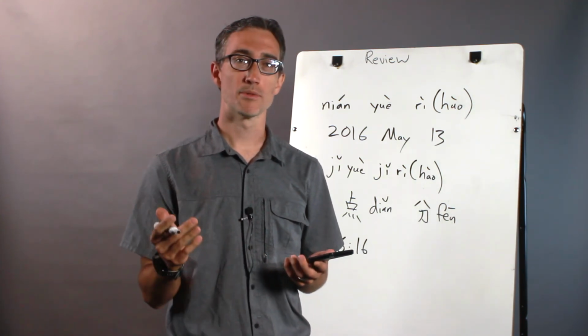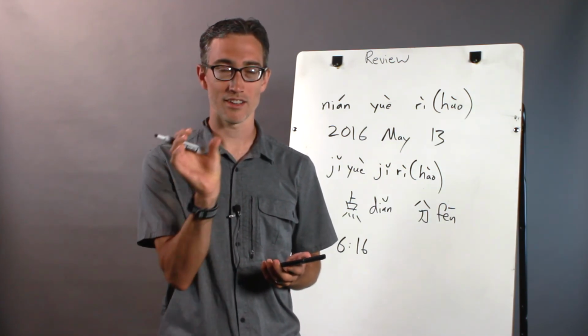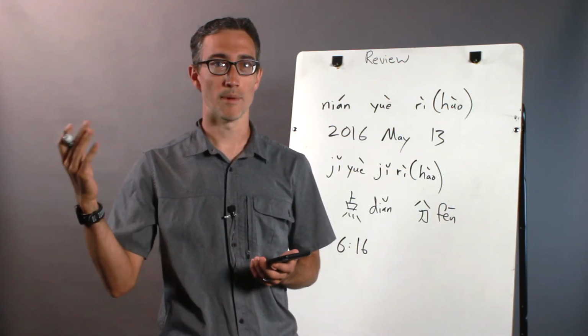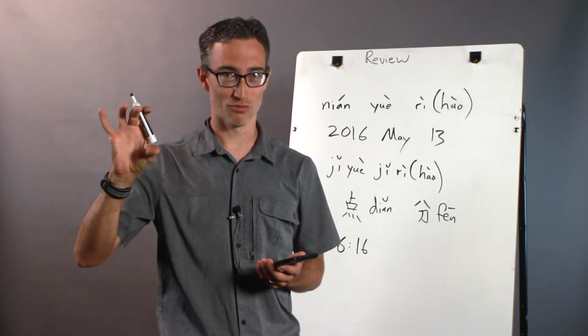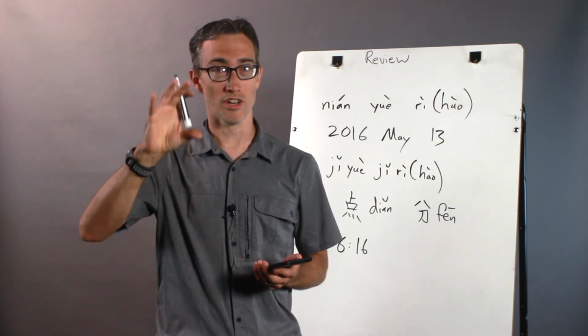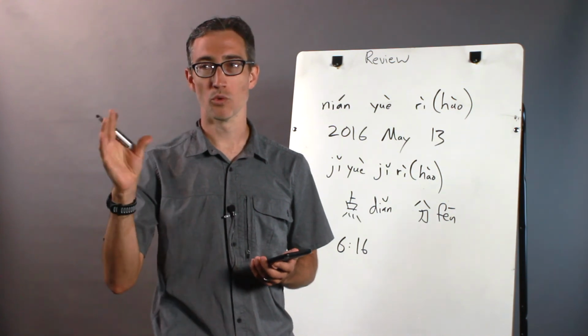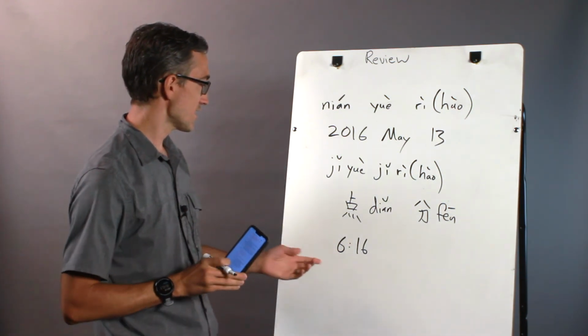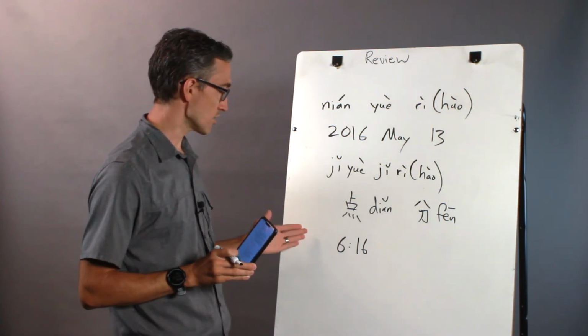And so you can just simply add words before the o'clock phrase to talk about what part of the day. Is it morning? Morning actually has an early morning and late morning. Noon, around noon, afternoon, evening, and so forth. So you just put the word, let's say it's 6:16 in the evening. 晚上 means evening, so it's 晚上6点16分.